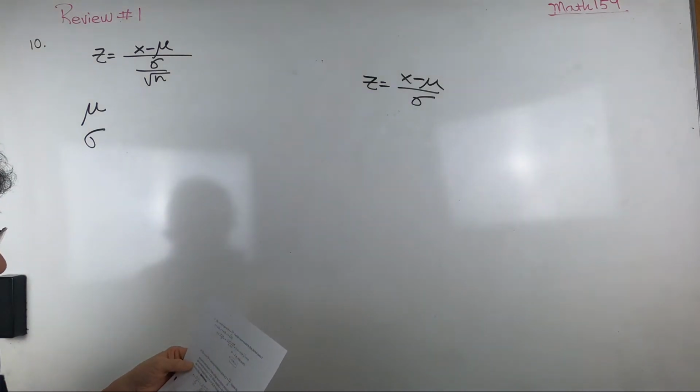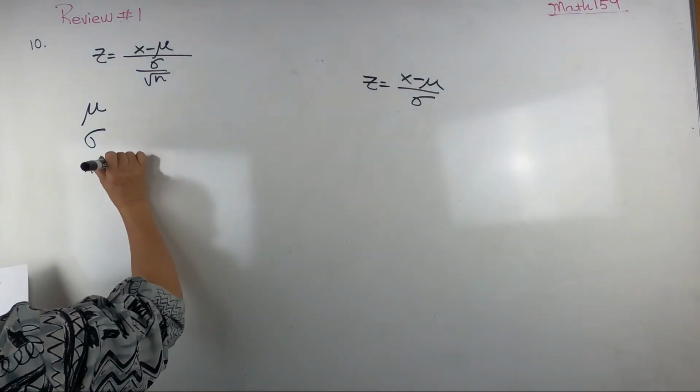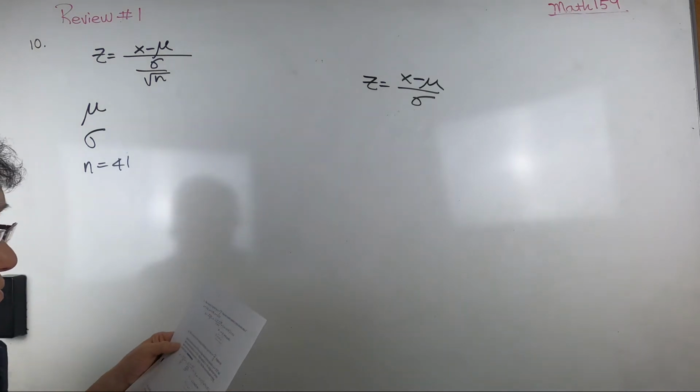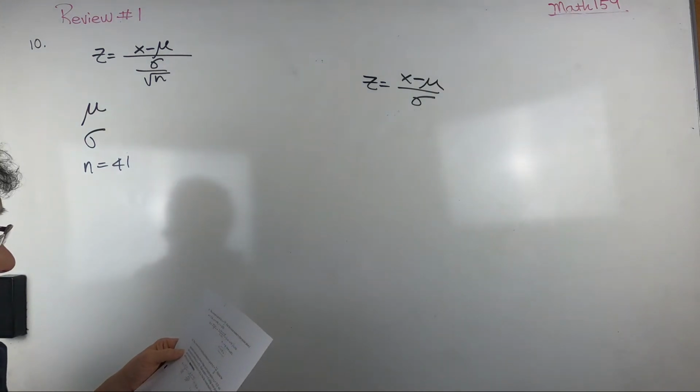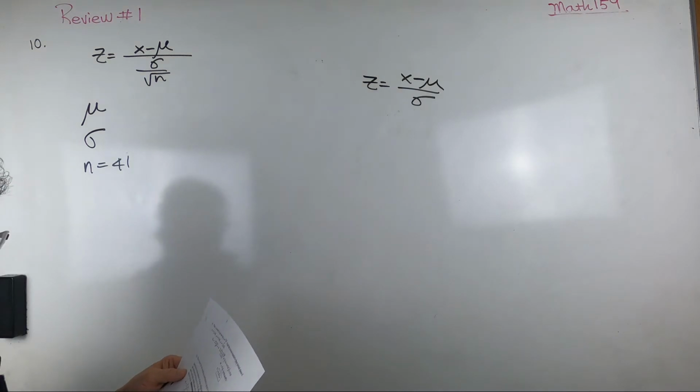Okay, that's your standard deviation. And Mikhail sampled n equals 41. N is the number of samples you use for the college soccer players, and found that their sample mean is x, 18.14. Find the z-score rounded to 3 decimal places.